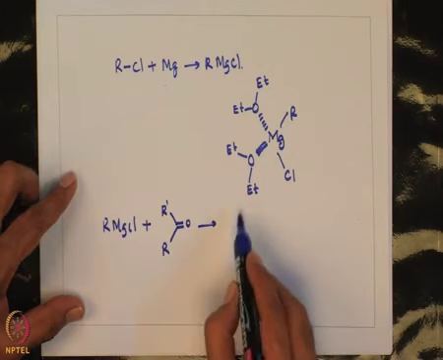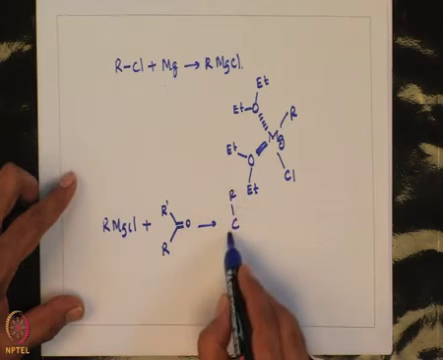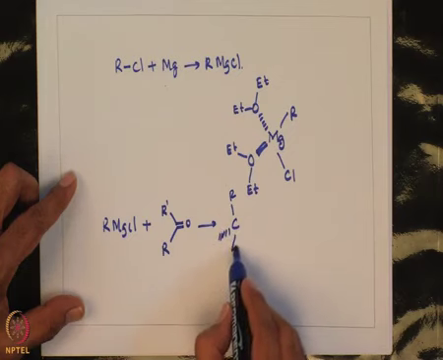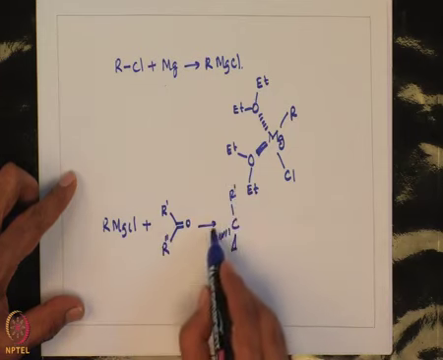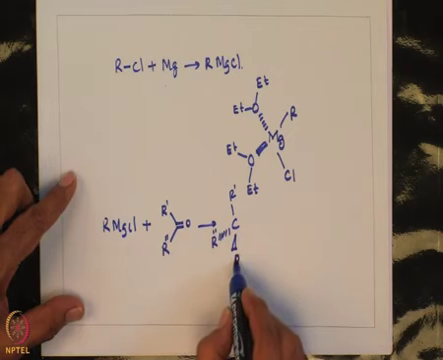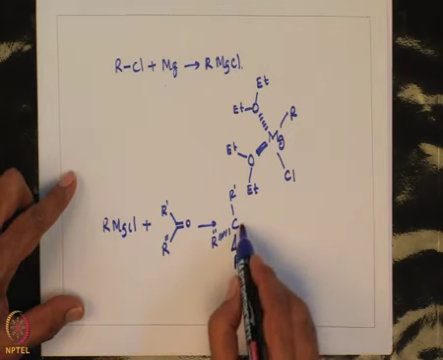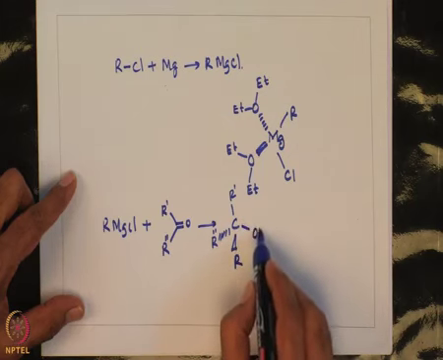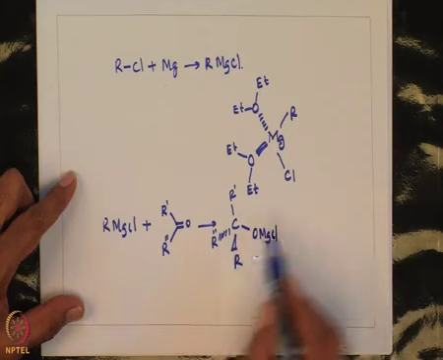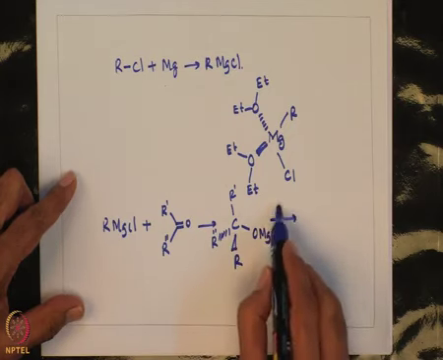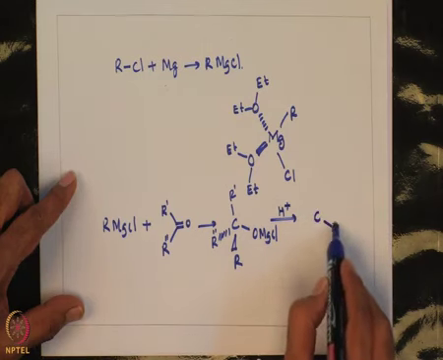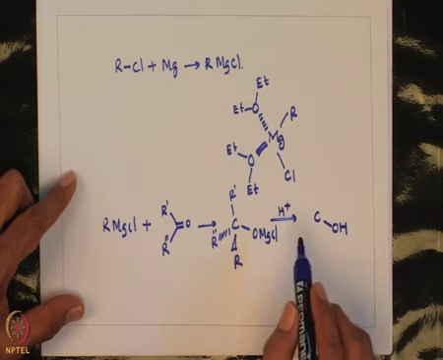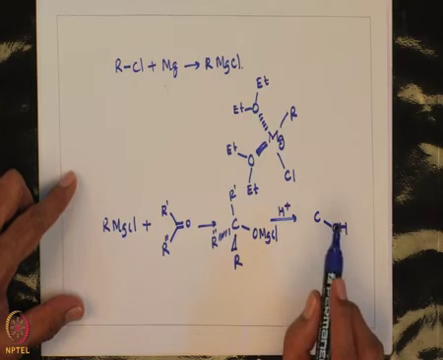Initially, it forms an adduct, and this under acidic condition forms the corresponding alcohol through the elimination of magnesium chloride.